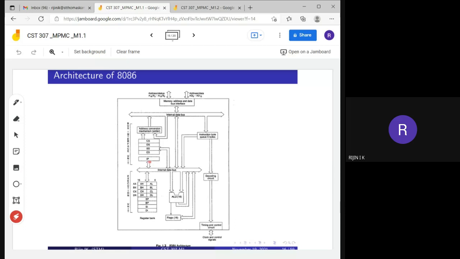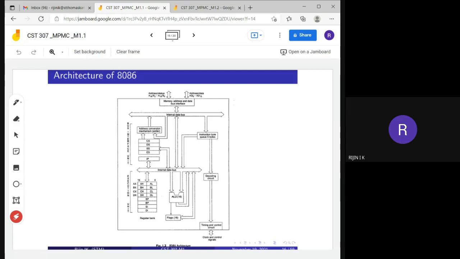Okay. Then another register is the IP, which we call the instruction pointer. In 8086, the instruction pointer is a 16-bit register that is mainly used to store the address of the next instruction to be executed.